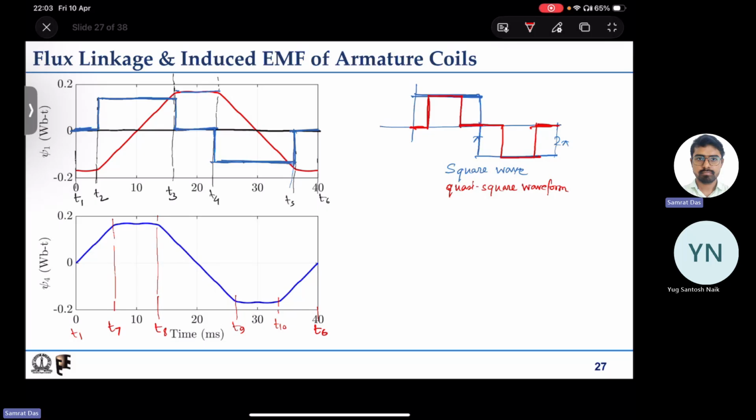If I draw the induced EMF, it is ramping between T1 and T7, so it will be some positive value. Between T7 and T8 it will be 0. T8 to T9 it is ramping down all the while, so some negative value.